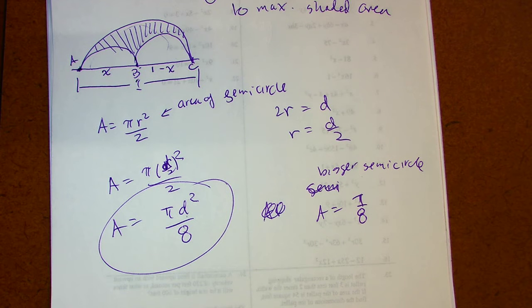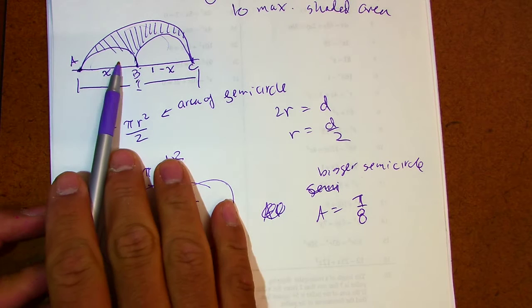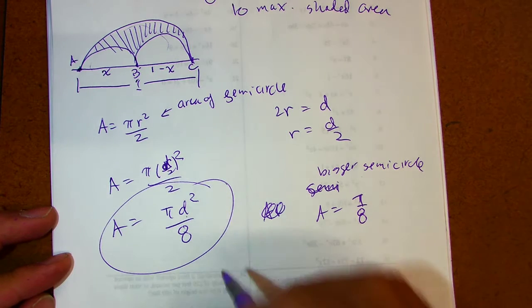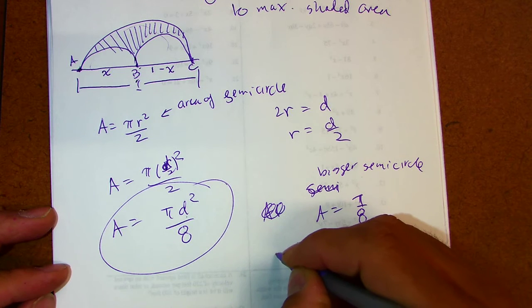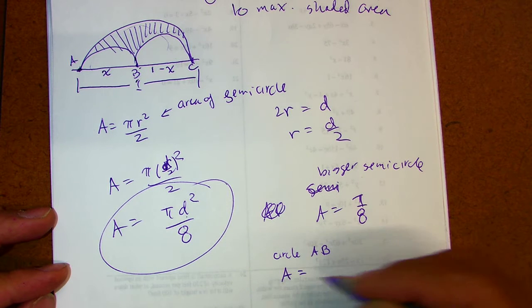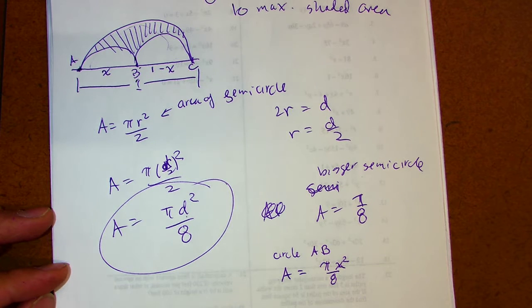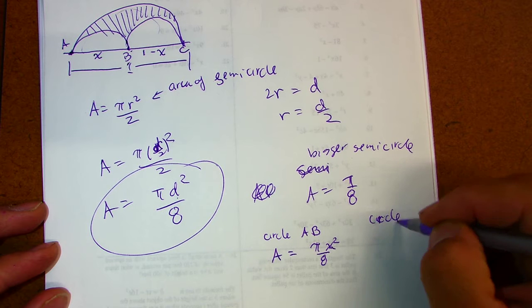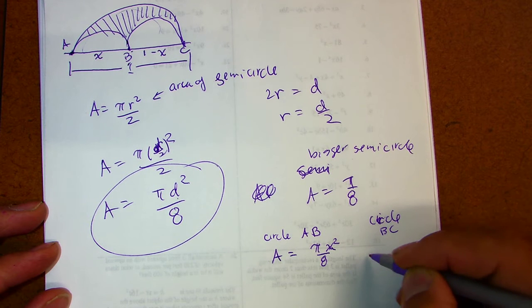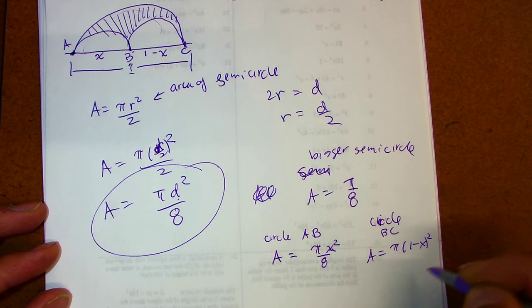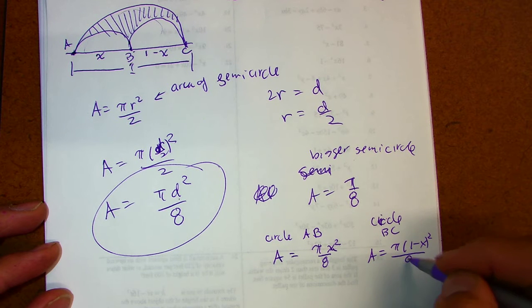Okay, now let's take a look at the area of these smaller ones. The area of this small one, the circle from A to B, would be pi x squared over 8. And the circle with diameter from B to C, the area of that would be pi times (1 minus x) squared all over 8.